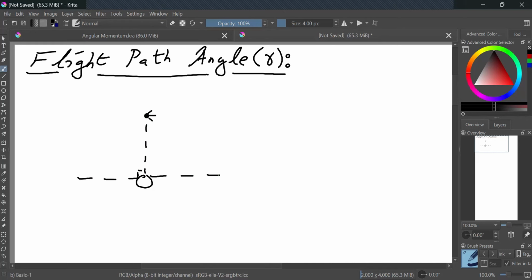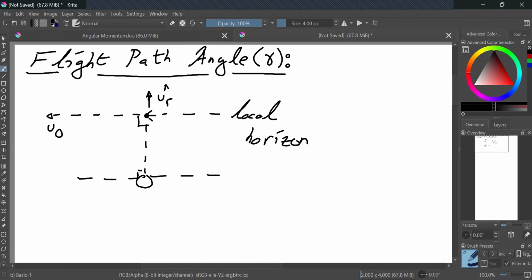If we transpose that all the way up to our satellite, we have something called the local horizon. And let's go ahead and put in some important features here. That's not supposed to be a triangle, that's supposed to be a hat. U theta hat. There we go.